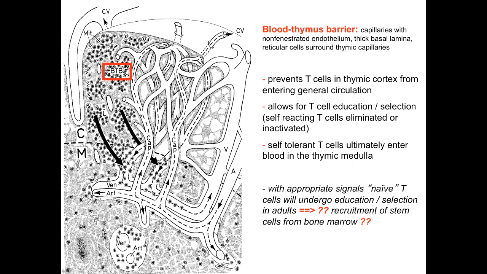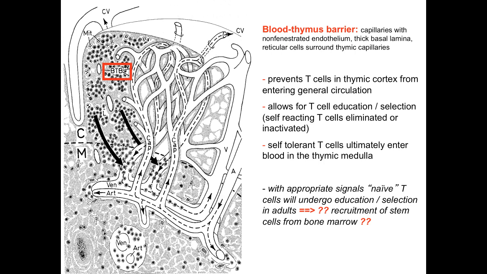So the blood-thymus barrier prevents the T cells in the thymic cortex from entering the general circulation. It allows for T cell education and selection so that self-reacting T cells are either eliminated or inactivated. The self-tolerant T cells now would be the ones shown by these big bold black arrows that are going into the thymic medulla and ultimately entering the blood through the capillaries in the thymic medulla.